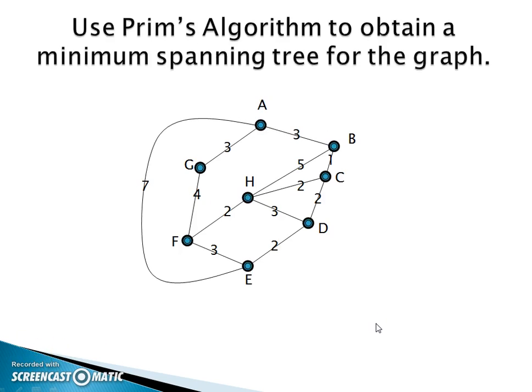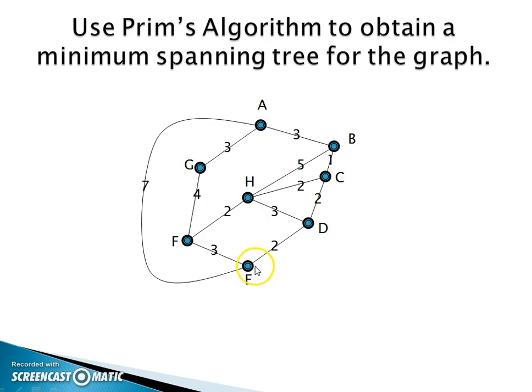So we're going to have a go at using Prim's algorithm to obtain the minimum spanning tree for this graph. You can see this graph has lots of edges or arcs, they're sometimes called, that have got really low weights on, and hopefully Prim's algorithm is going to use those. Prim's algorithm is an algorithm that does work every time, so it should.